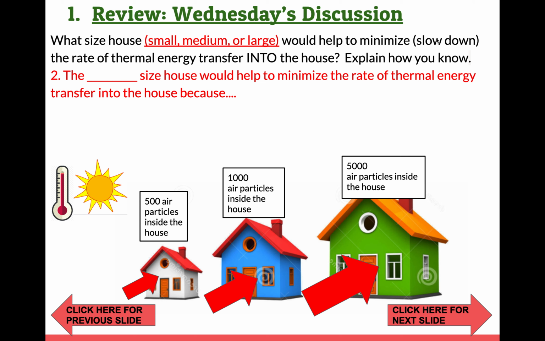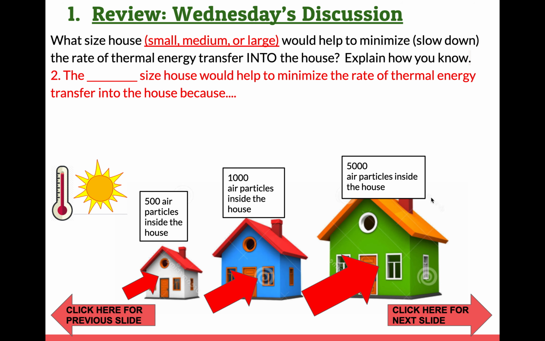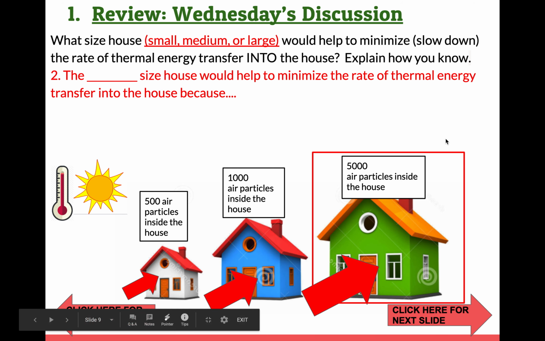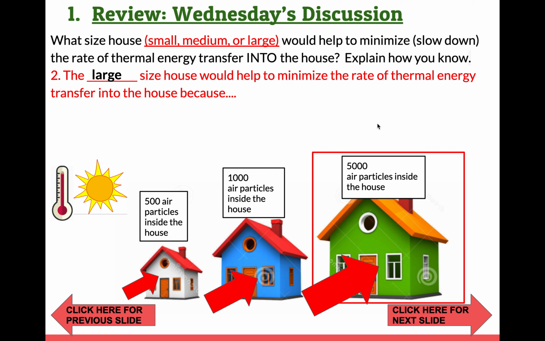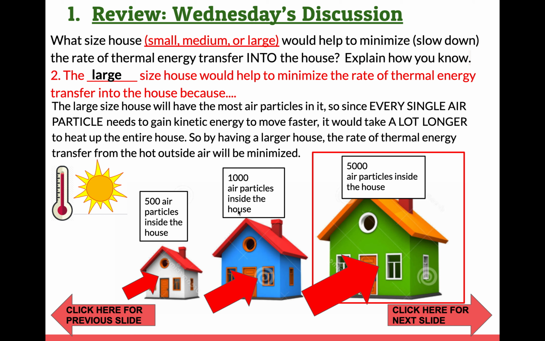Well, if you're trying to slow down how quickly the house heats up, if you're trying to slow down how quickly thermal energy transfers into the house, then you would want to pick the large size house, because the large size house would help to minimize the rate of thermal energy transfer, because the large size house will have the most air particles in it. So since every single air particle needs to gain kinetic energy to move faster, it will take a lot longer to heat up the entire house.